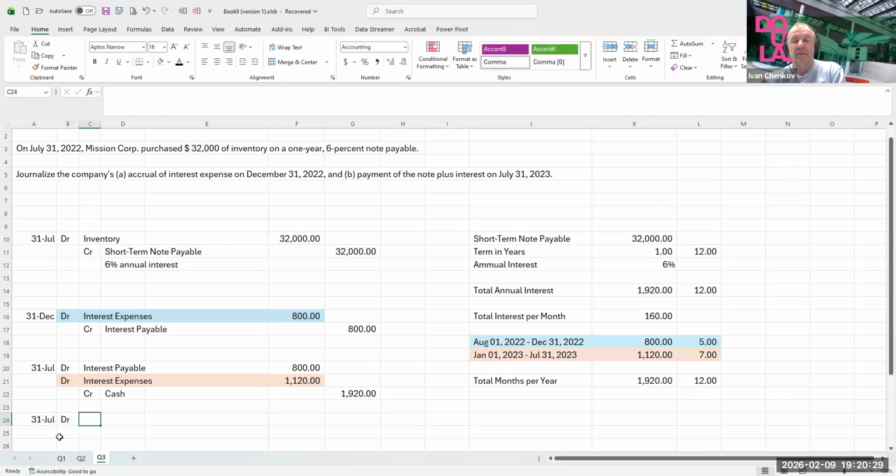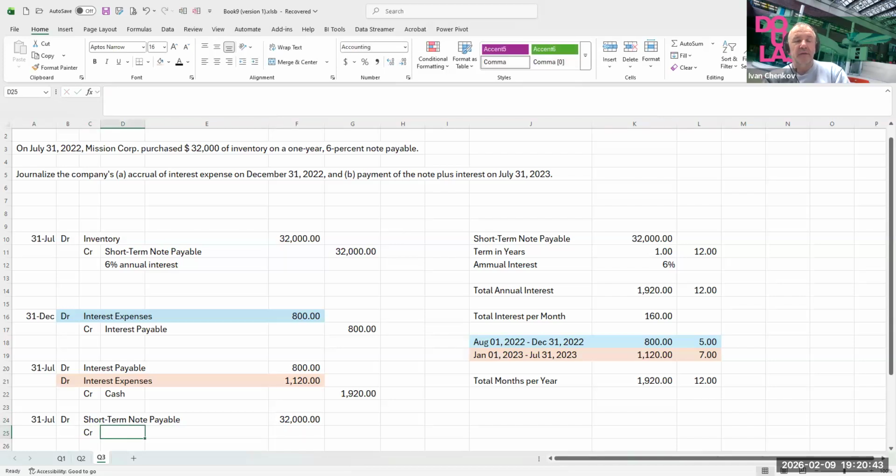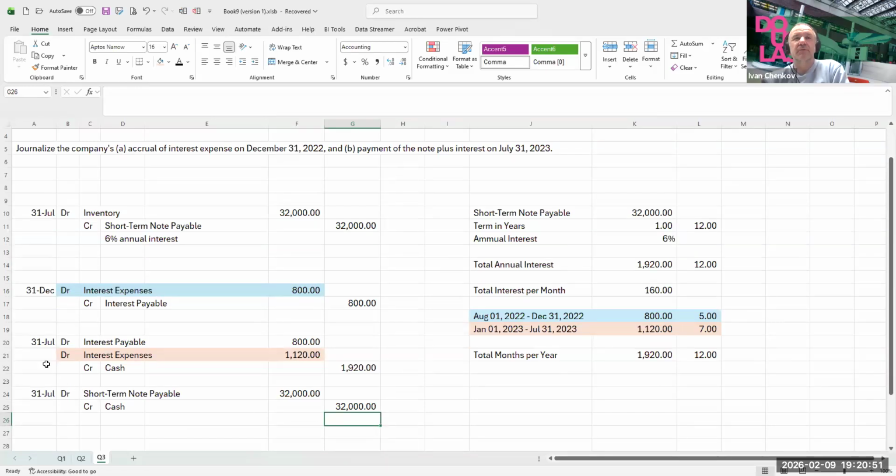That will be short-term notes payable with the $32,000. And credit will be cash, because they want cash. And we're gonna pay them cash, $32,000. And we're done.